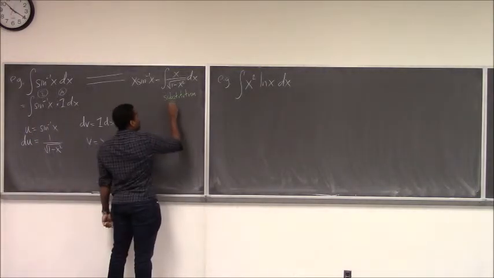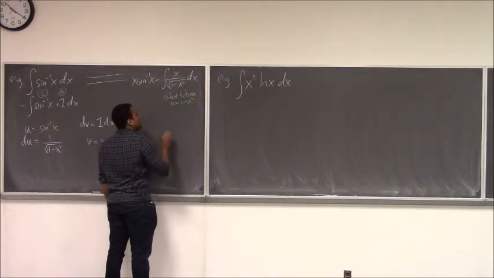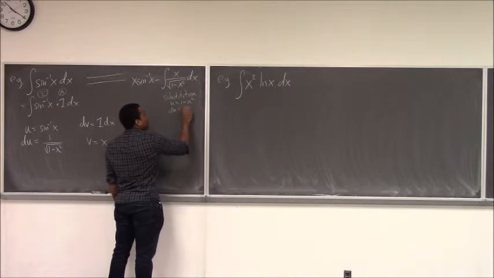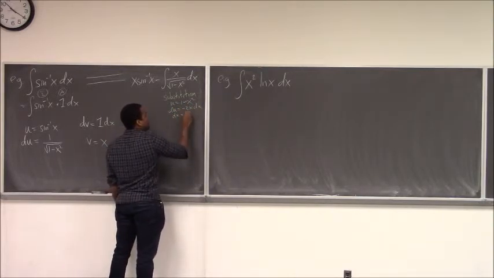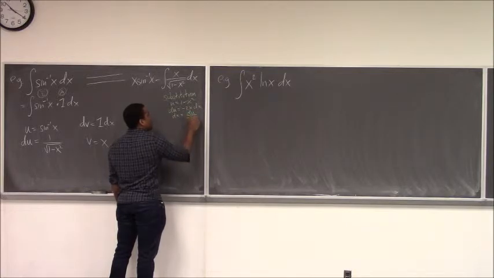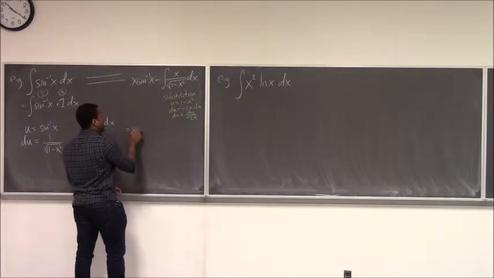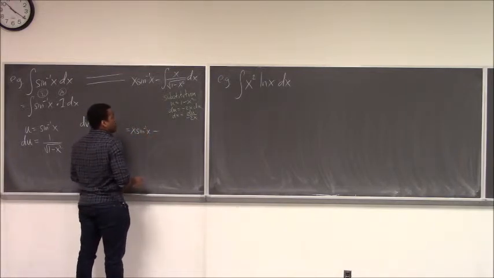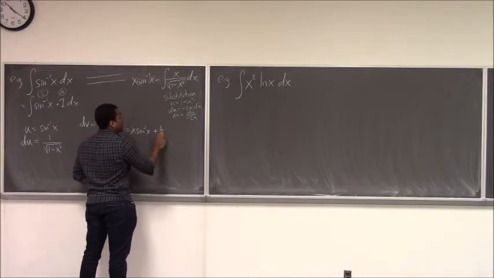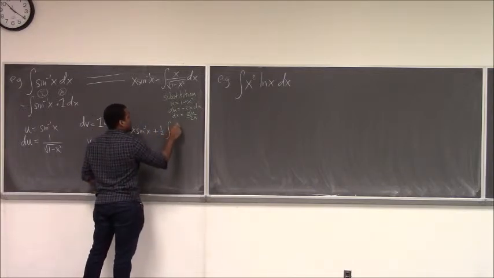So the substitution here would be u equals 1 minus x squared, not to be confused with that u. Your du would be minus 2x dx, so your dx would be du over minus 2x. And so this would become x sine inverse of x minus, well now it would become plus 1/2 times u to the minus 1/2.